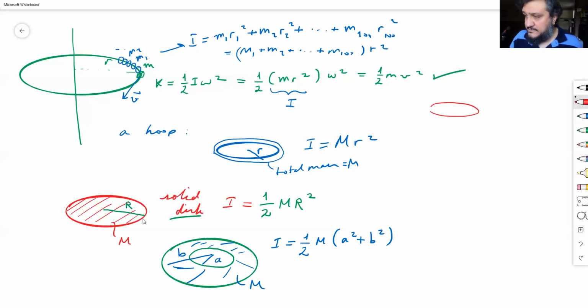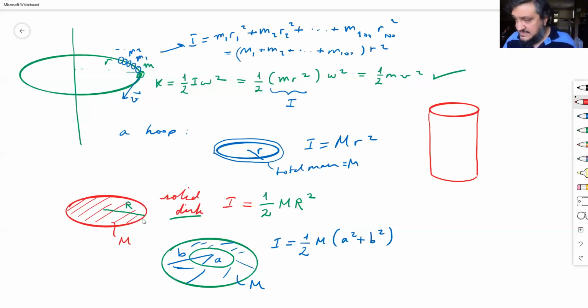Let's say you take that solid disk and then add mass along the direction of rotation here, and you make a cylinder out of it. Actually, every object that we have which looks like a disk has a very small thickness. It's a cylinder. In real life, there are no two-dimensional objects, right?